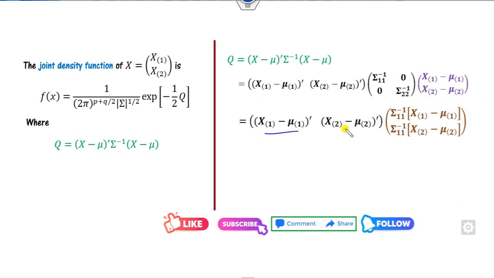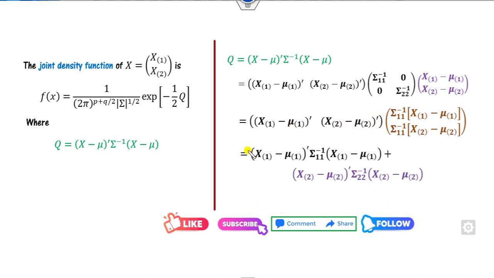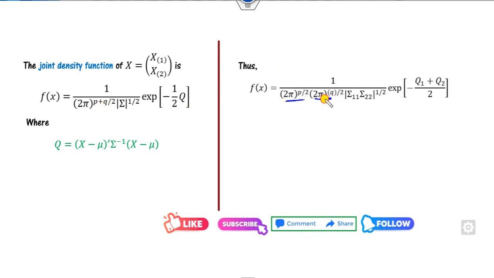Again, this is the first column, this is the second column. You can multiply them, you will get this matrix. Now this is the variable of x1 only, so I consider this number as q1 and this number as q2. I can substitute q1 and q2 here. I can break this 2 pi to the power p plus q into this quantity.